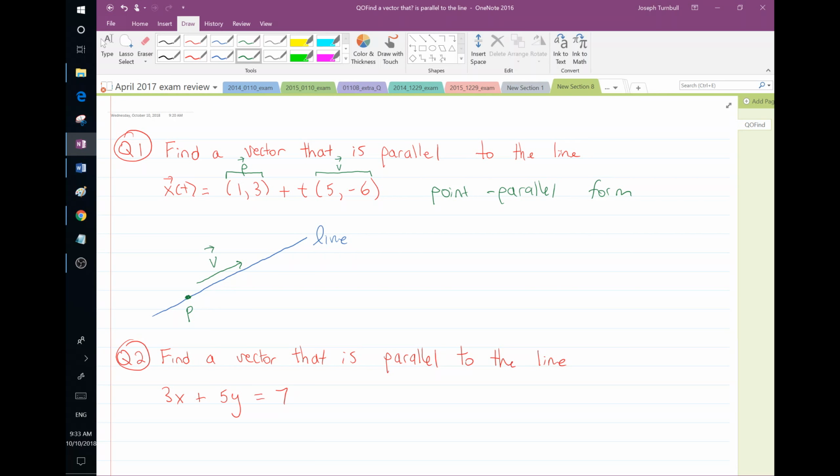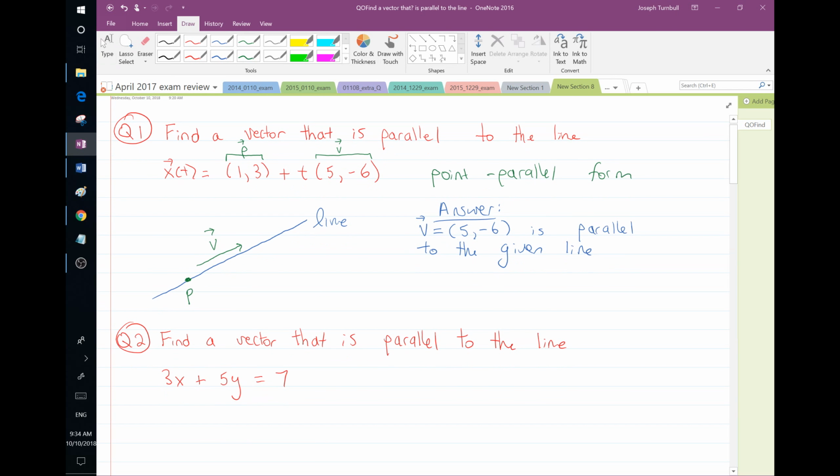Because the direction vector for the line is given to us, all that we need to do to answer the question is to state that v equals (5, -6) is parallel to the line. So no real work is needed except to know what this definition is. That's our answer.